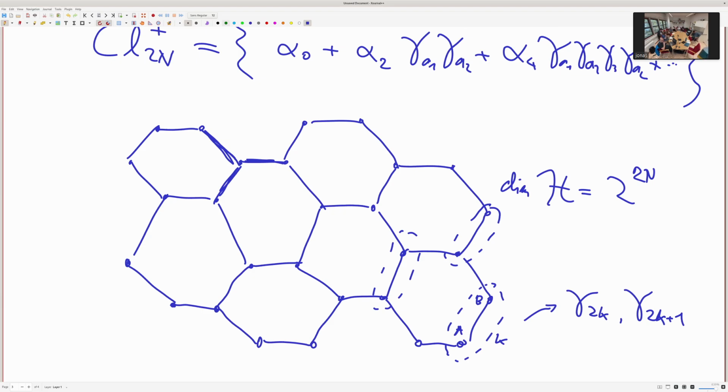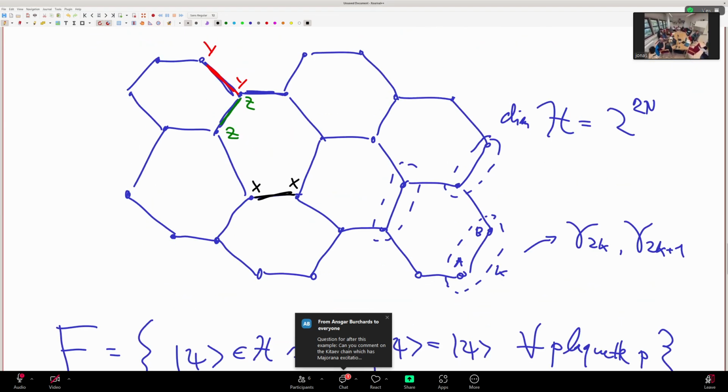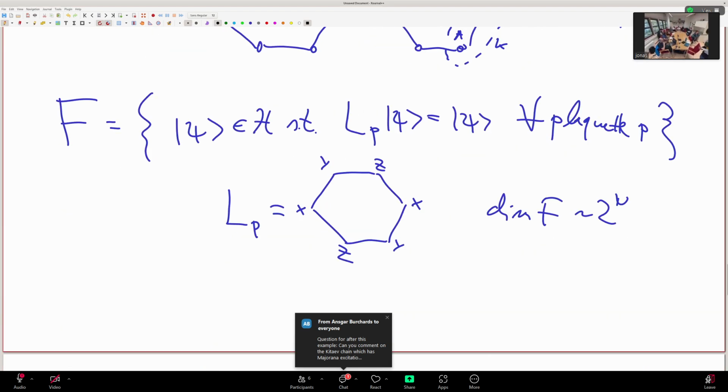And I will define a bond operator on each one of these bonds that acts with the Z Pauli on each qubit. And then I want to define also the Y bond in this way. And these horizontal ones, I call them X bonds, and I act with X on each qubit. So this is kind of the picture in formulas.